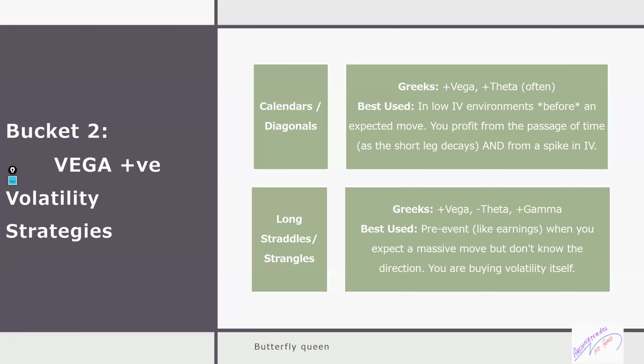But in this kind of setup, the near dated option decays faster. The premium decays faster, and further out in time, the theta decay is slower. Plus, further out in time, you're looking at NVIDIA because earnings are coming up. There is some kind of event risk going to come, which means Vega can rise.